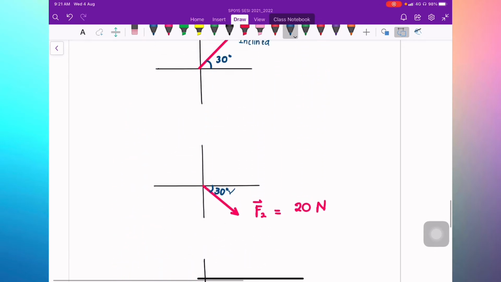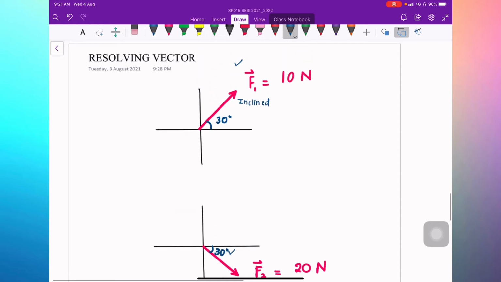Step 1. For step 1, make sure the angle we use is the angle at the x-axis. Let's say for the first example, the angle is 30 degrees at the x-axis, so we can use this angle.